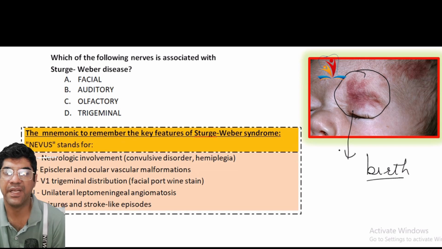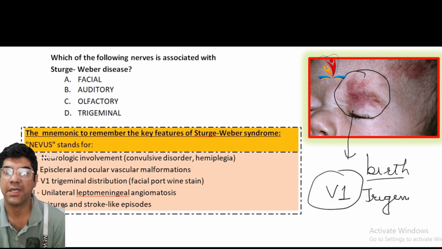The birthmark on the face is typically in the distribution of the ophthalmic division of the trigeminal nerve. Which nerve? Trigeminal nerve.